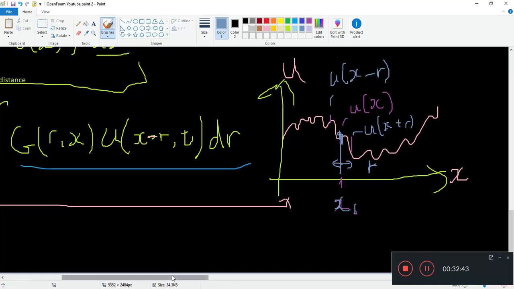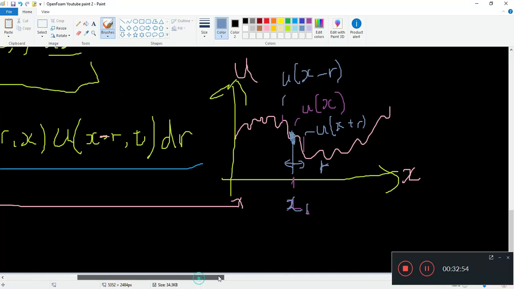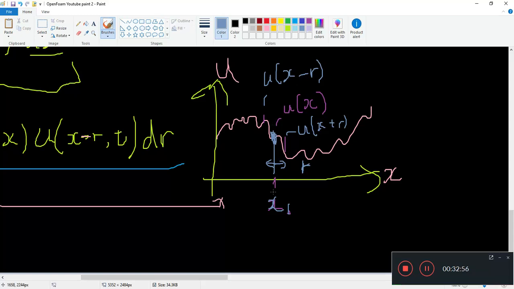Okay, so this is where this r actually comes in. Of course where r equals 0 is where x, then that means it's 0 meters or 0 distance away from this x1. If I have a positive r, that means I want to have some deviation from this x1 in the positive x direction. If not, if I want to subtract r, I can do it in the negative direction as well.